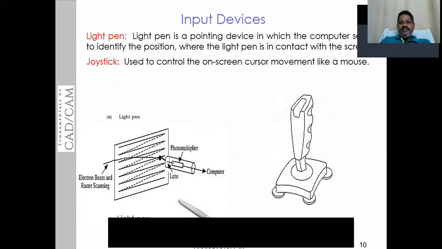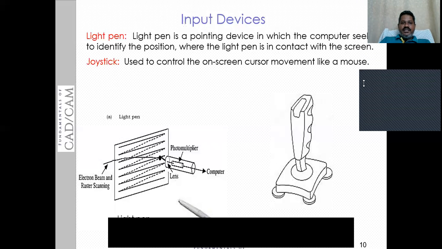The next type of input device is the light pen. The light pen is a pointing device in which the computer seeks to identify the position where the light pen is in contact with the screen. We can see the light pen in this figure.